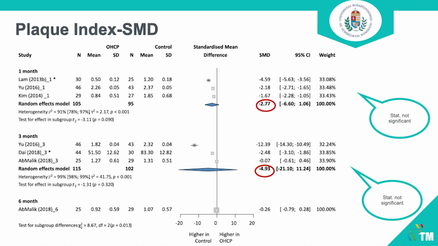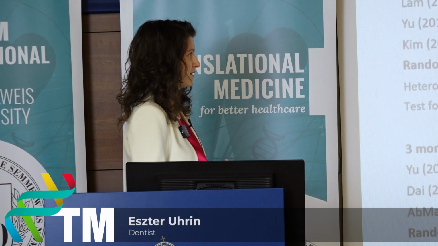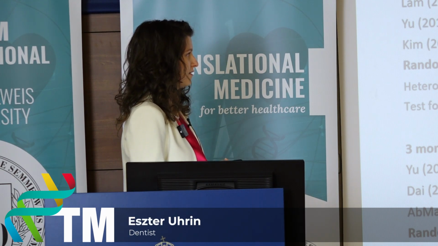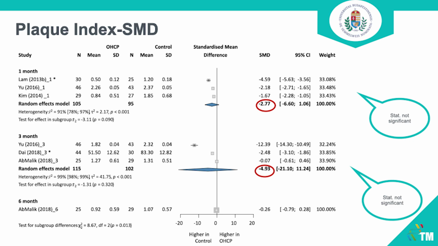So with the minus 2.77, I would say that this is clinically relevant. However, because we use standardized mean difference and the confidence interval passes the number 0, then this is statistically not significant, unfortunately.